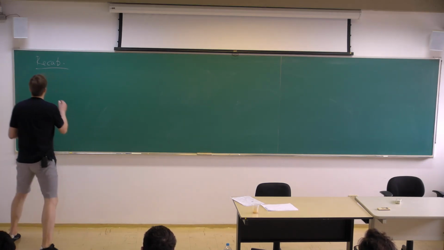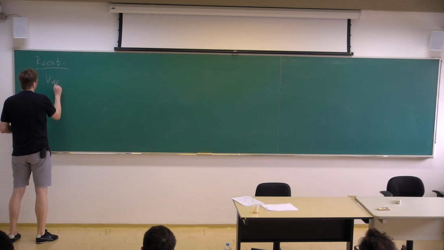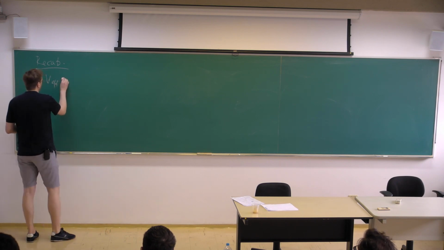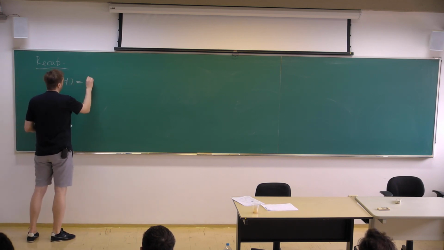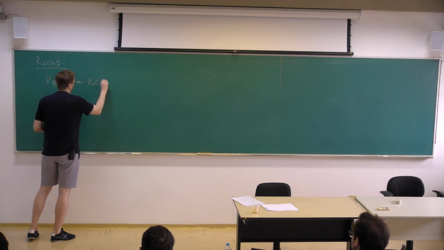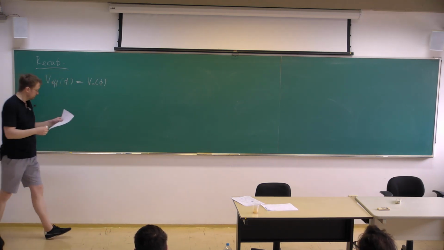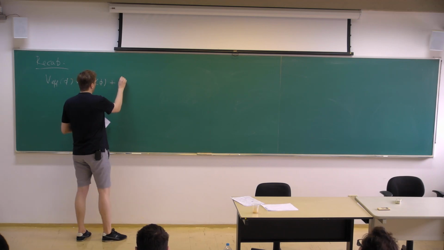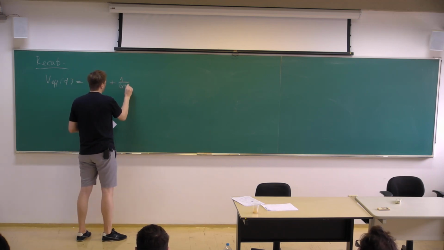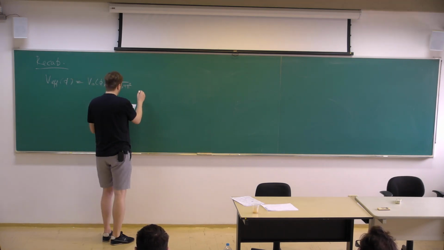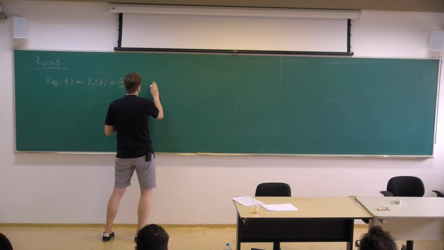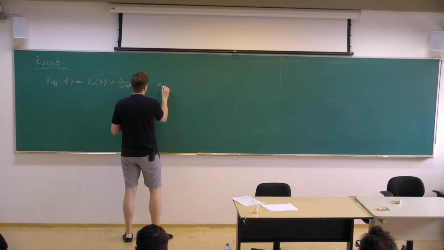And what we found is that the effective potential for some scalar field is given by the tree-level potential, which I denote with V naught, and then there's a one-loop correction which goes like 1 over 64 pi squared. Let me leave some space here. We'll see in a second why.